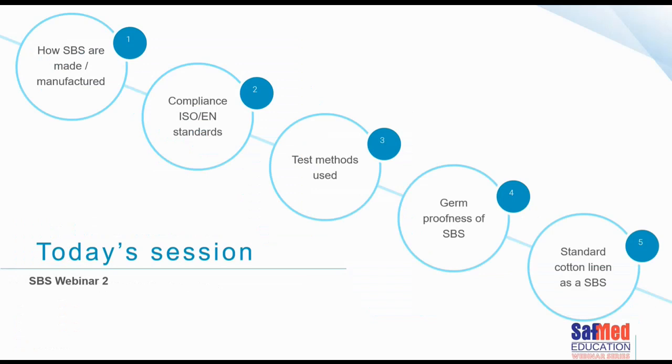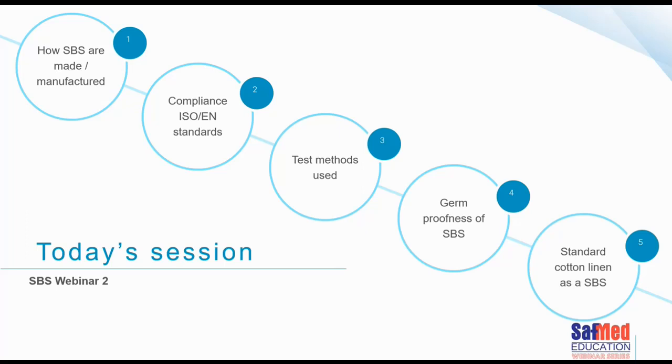In today's session, we're going to cover some information that I've honestly never heard presented before in local or international webinars. I'm hoping to bring you information that is new, that is challenging, and that is pertinent to what it is that we do. So today we're going to really take a good look at how sterile barrier systems are actually made, how they're manufactured, what standards they need to comply with, the actual test methods used in the laboratory setting to make sure that they do indeed comply.